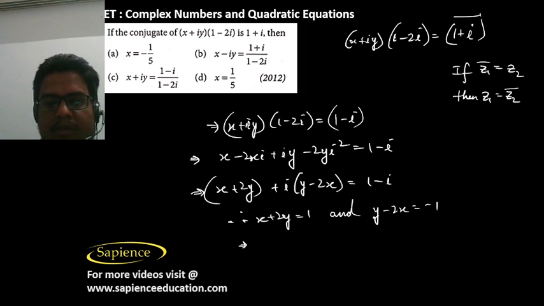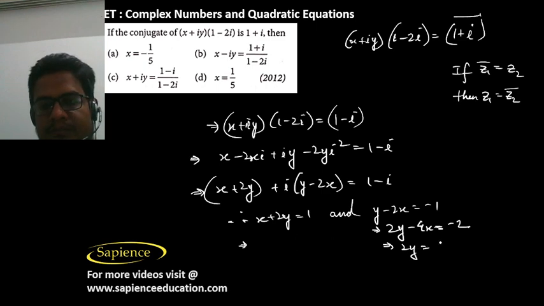So if we multiply this with 2, then we will get 2y minus 4x is equal to minus 2. If we subtract them, we can say 2y is equal to 4x minus 2.